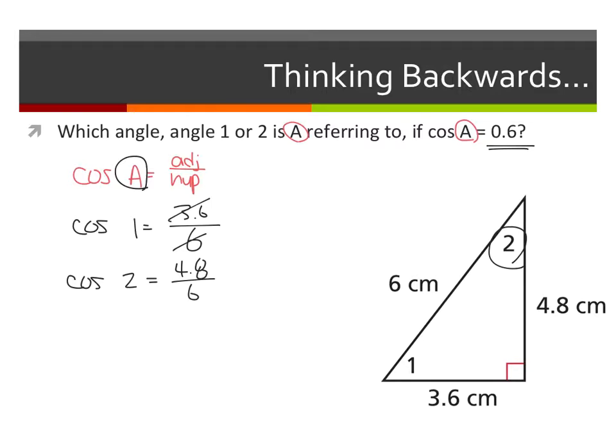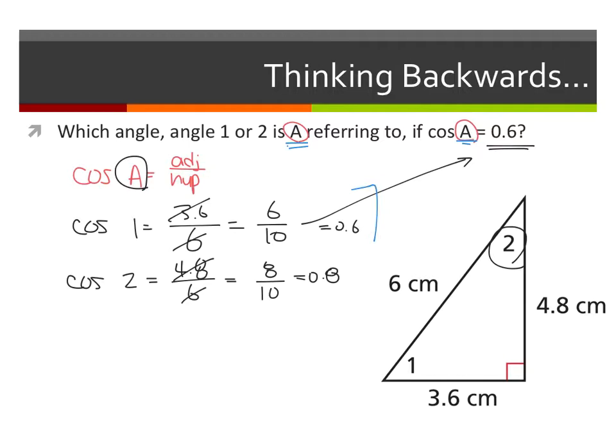I think 0.6 goes in there 6 times on the top and 10 times on the bottom, which we can actually see that's the case, whereas cosine of 2 is actually going to be 8 over 10. So that's going to be 0.8. That's going to be 0.6. That means this angle A that we're looking for was angle 1 after all.